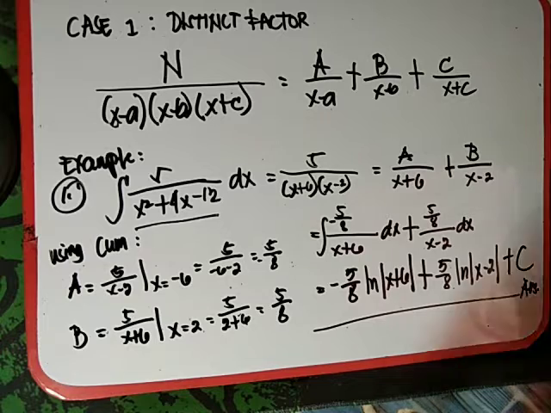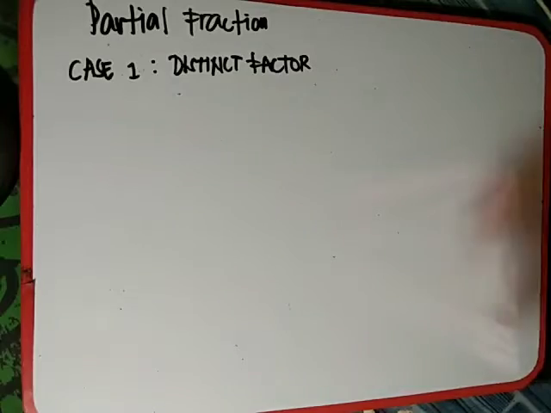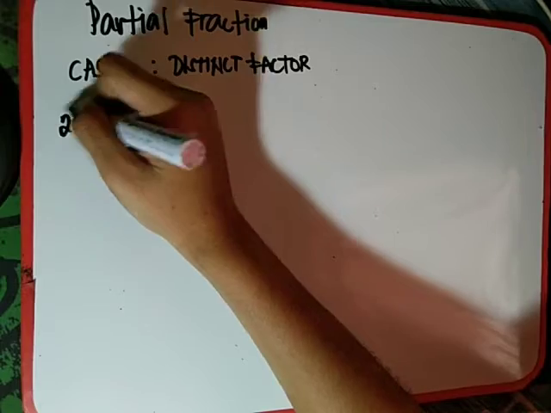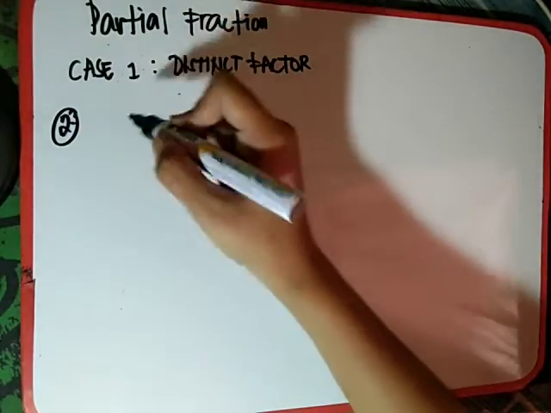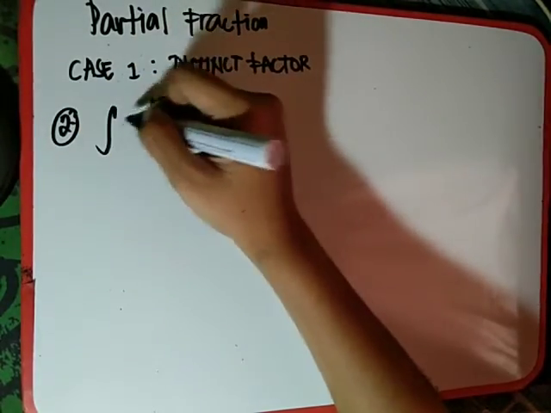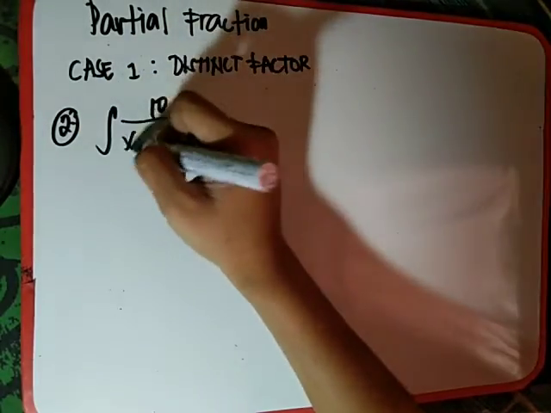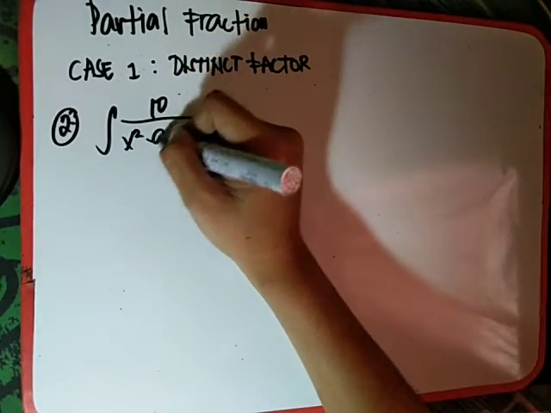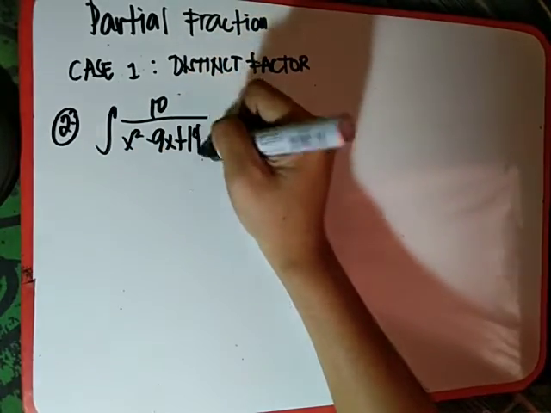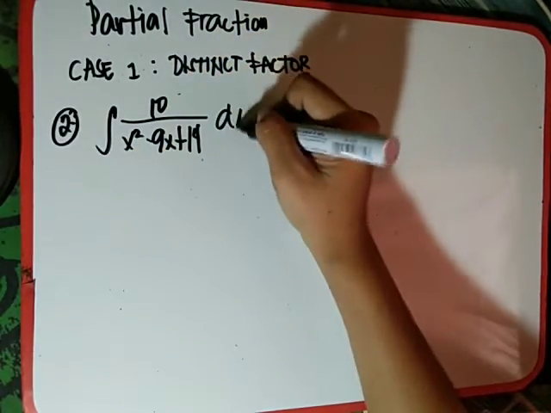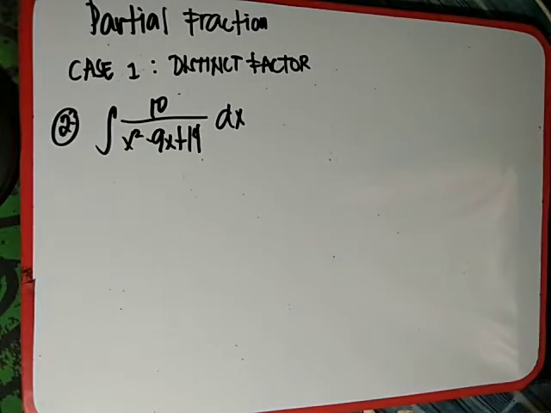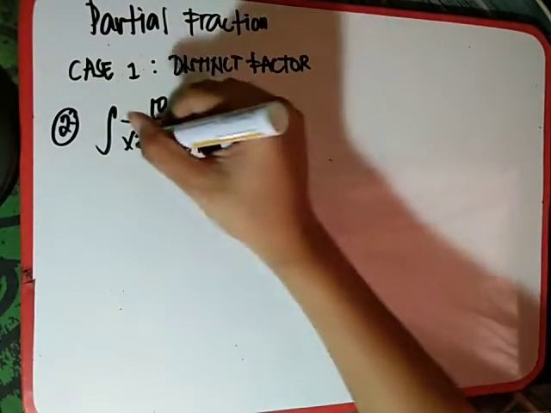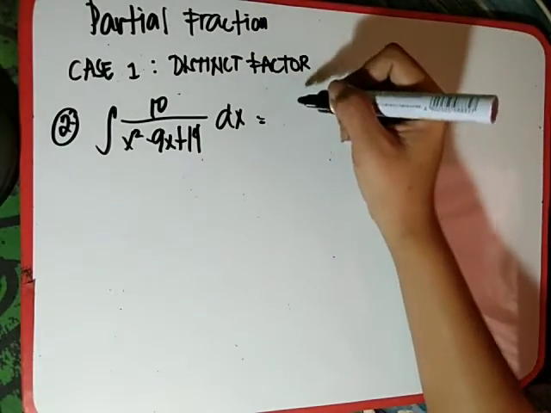So let's move to our second example. So next is example number 2. So we have the integral of 10 over x squared minus 9x plus 14 dx. So first we will factor the denominator.